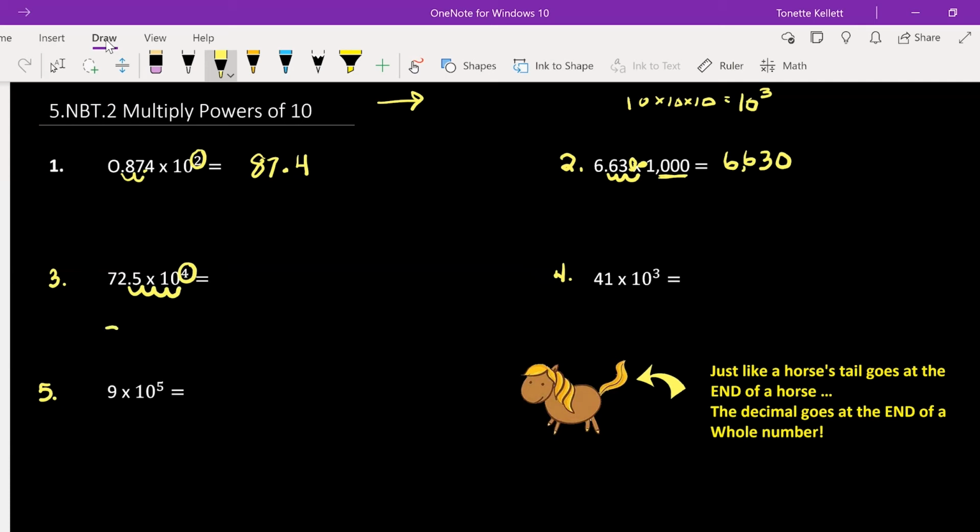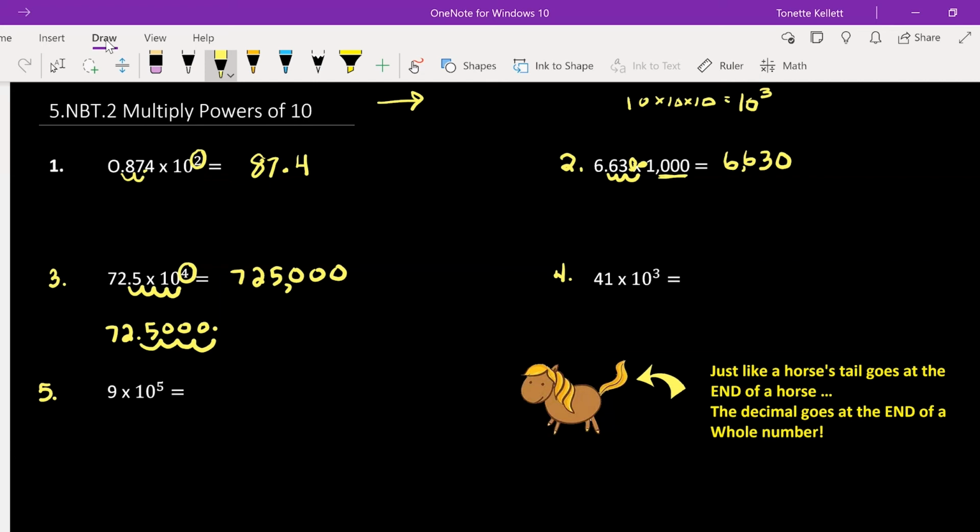It might help us to rewrite this one below. If I go 1, 2, 3, 4, we'll have 3 empty spaces. That means I have to add 3 zeros. So when I write my answer up here, I have a 7, a 2, a 5, and 3 zeros. 725,000 would be the answer.